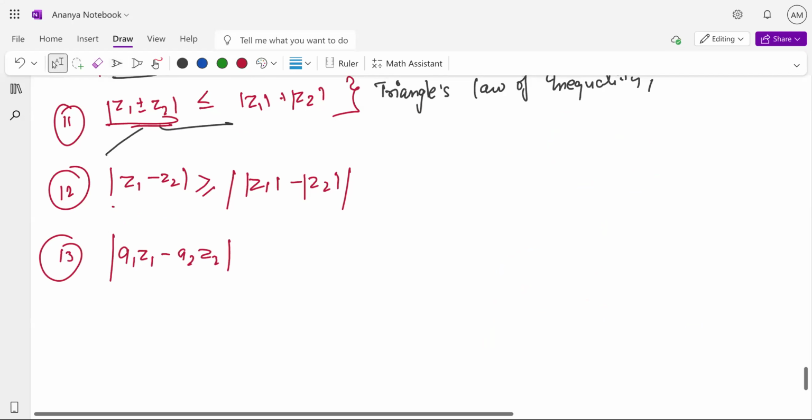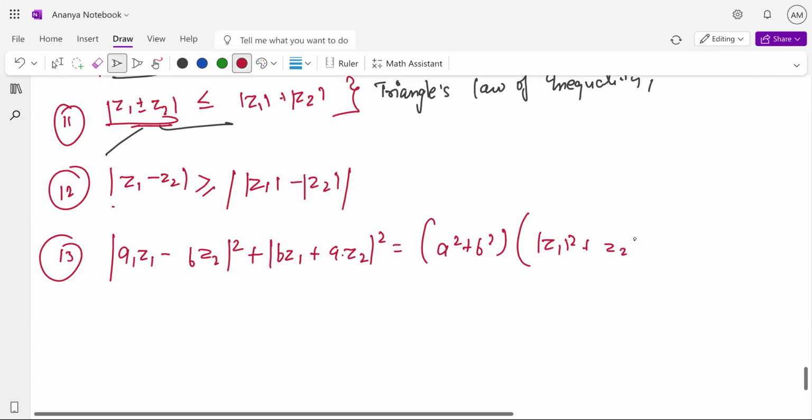Instead of A2, let's make it B and C. Square plus what is it? B of Z1 plus A of Z2 square. It will come out to be A square plus B square, and the rest is Z1 square plus Z2 square.